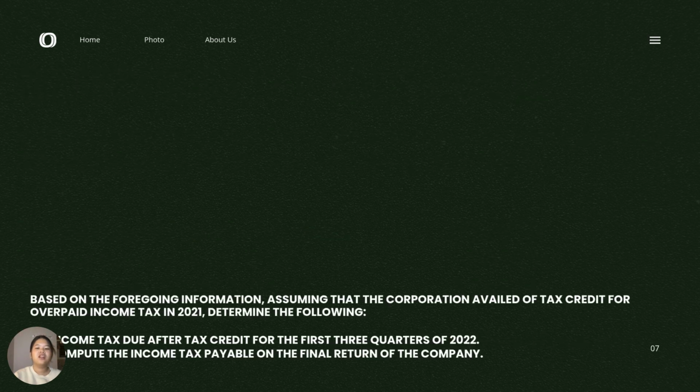Now, let's look at this information. This is the computation, so you need to remember this table here.